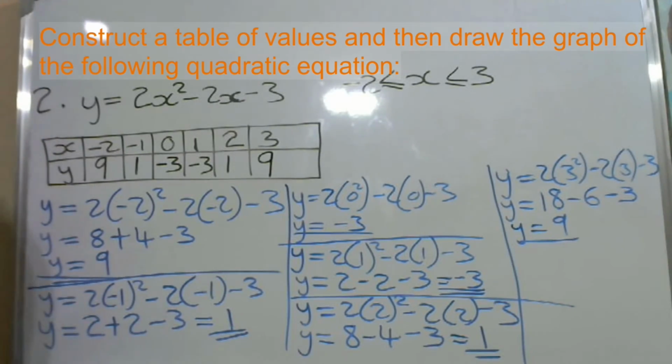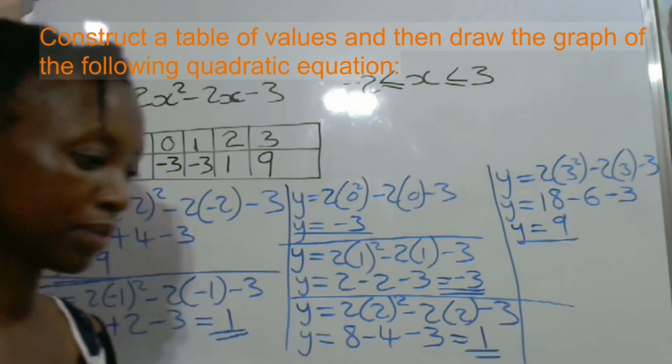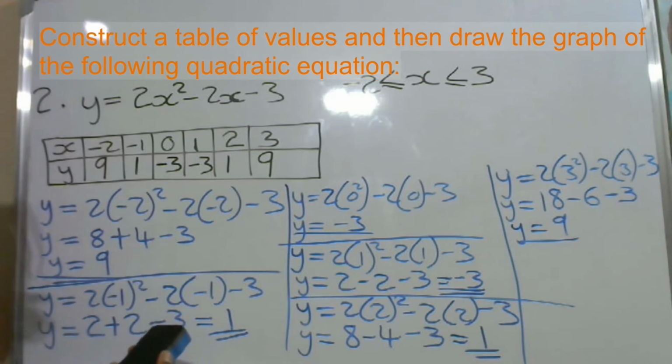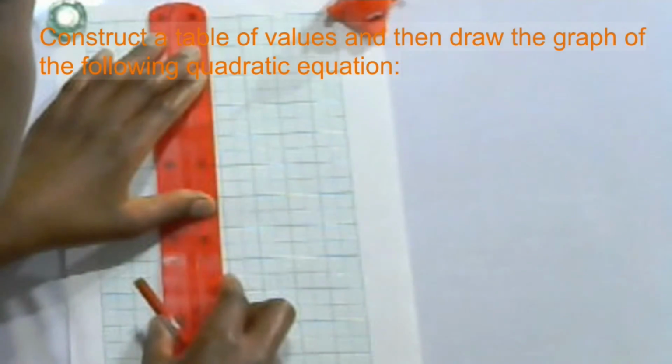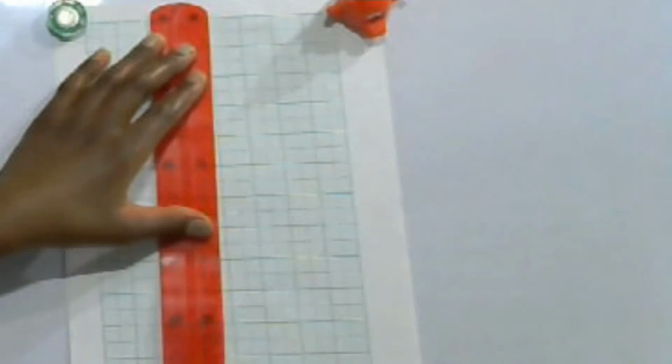So let's draw our graph and see. Let's draw our graph. We can use the scale of 2 centimeters to represent 1 unit.